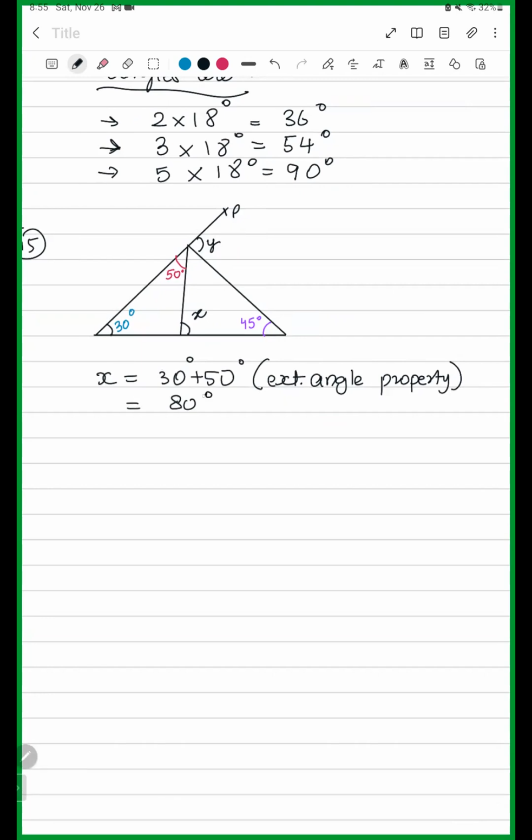Then, 50 and y, like vertically opposite angle. Okay, Hiba, vertically opposite angles are when two lines are intersecting like this. They are forming an X. Here, are two lines intersecting? No. So they don't.